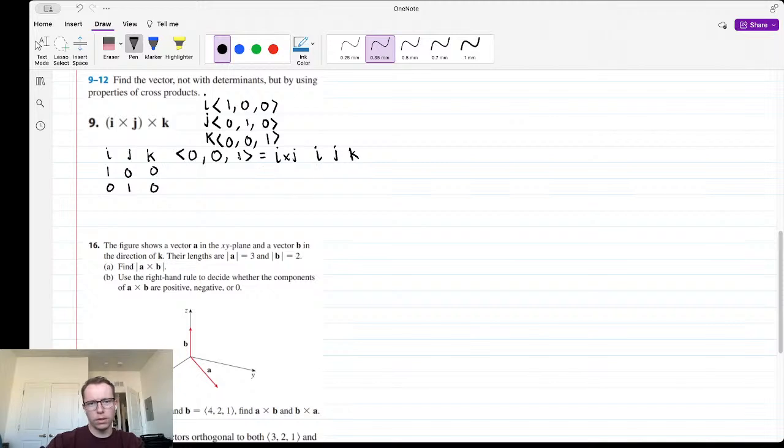And then we'll use this one as our first vector, so that's 0, 0, 1, and then k, which is also 0, 0, 1. And so our vector is going to be i, which is 0 times 1 minus 0 times 1, so 0, and then j, which is 0 times 1 minus 0 times 1, which is 0, and then k, which is all zeros. So our vector is 0.